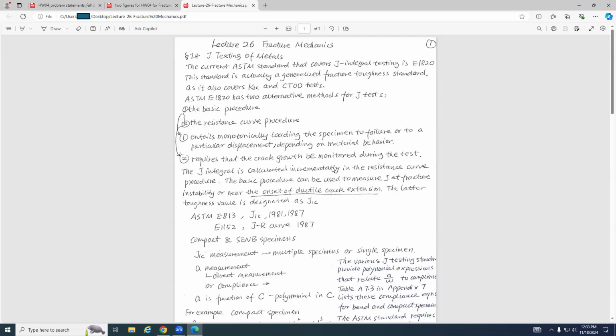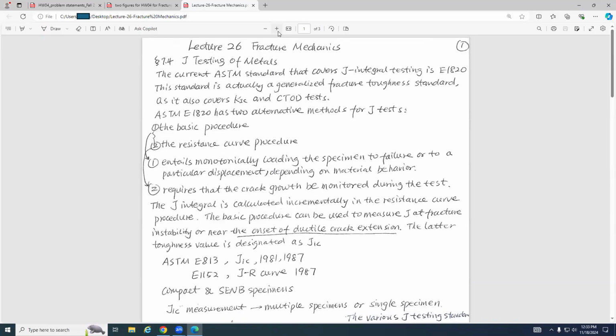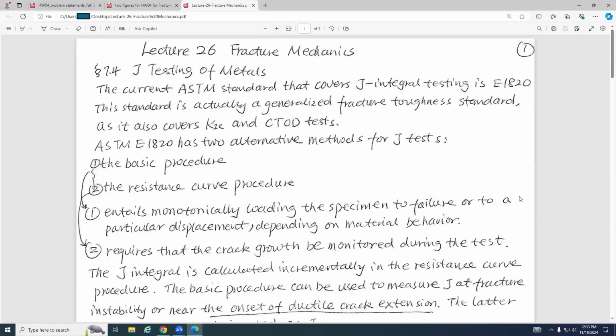We talked about lecture 25 last time, and today we're going to continue with lecture 26. These are very important topics and skills, and you might find them useful when you do experiments. Today we talk about J testing of metals.